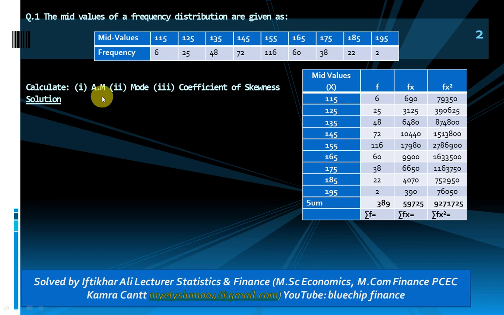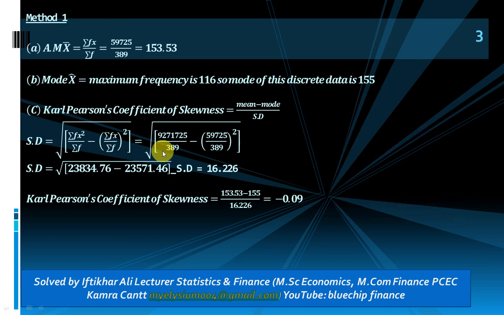For example, in the case of arithmetic mean, there is no problem in the data, because arithmetic mean is always equal to sum of fx divided by sum of f. So we simply have 59725 divided by 389, and that will be equal to 153.53.